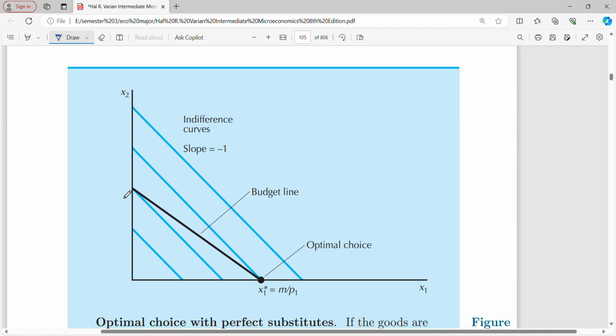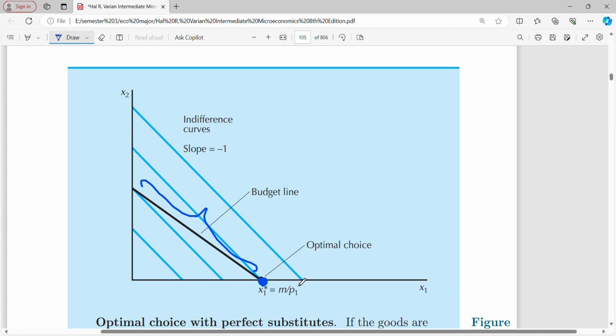If P2 is greater than P1, as we said in the first example, it will be here, at M by P1. And if P1 is equal to P2, it will be in any part of this budget line, any number between 0 and M by P1.